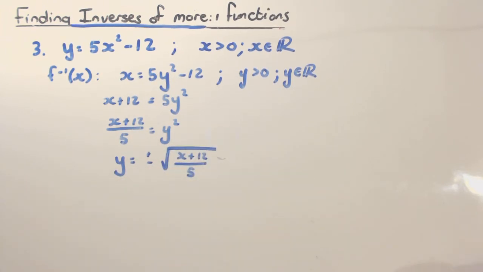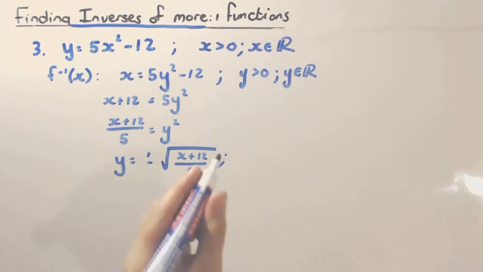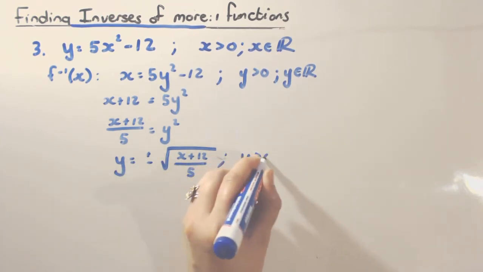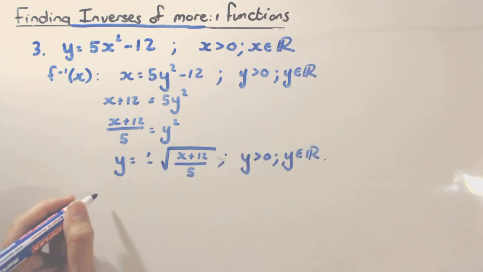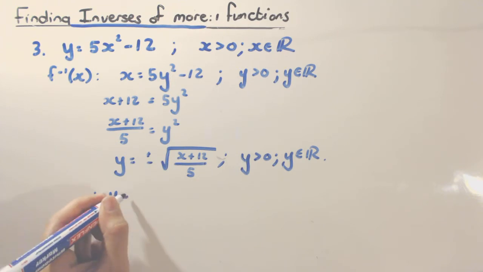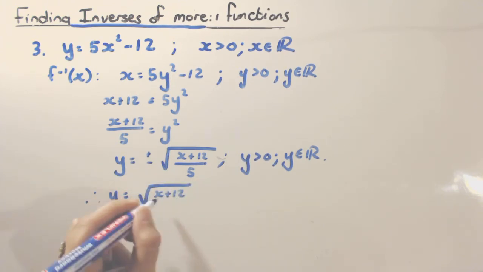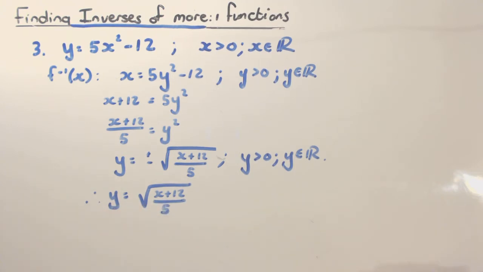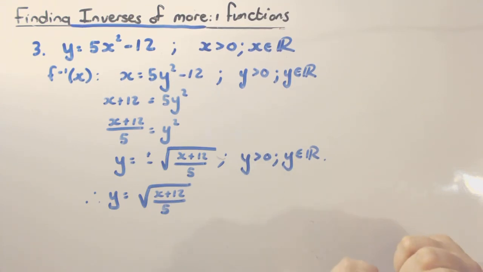Right. And I can really leave it like this. Right, but now I remember, oh, my y value should only be positive real numbers. So that means that my y in this case is then just plus the root of x plus 12 over 5. Right, you can also use the negative one, it's your choice. There's 2 choices and you can use either one.